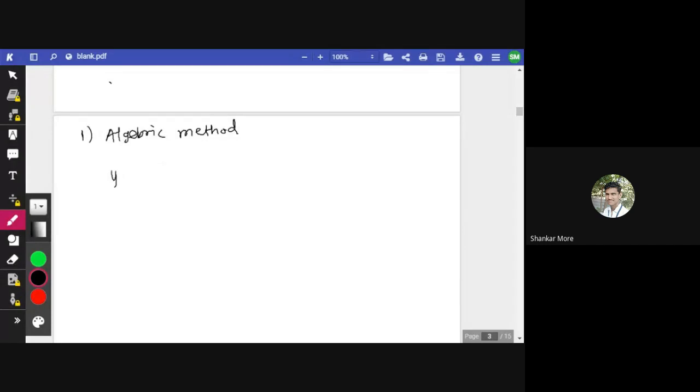Okay, so the problem is: Y is an expression in A, B, C. Then we have A bar plus B into A plus B plus D into D bar. So we have to simplify this expression.